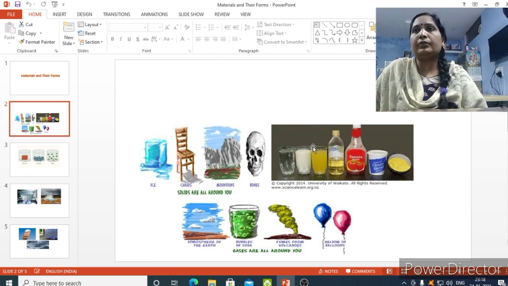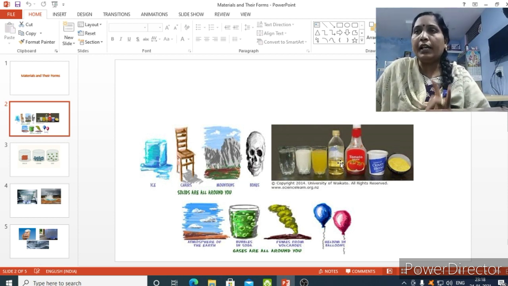Now when we come to the liquids, they do not have a particular shape. Whatever container you are taking, the liquids obtain the shape of the container. If you keep that liquid in a bottle, they attain the shape of the bottle.